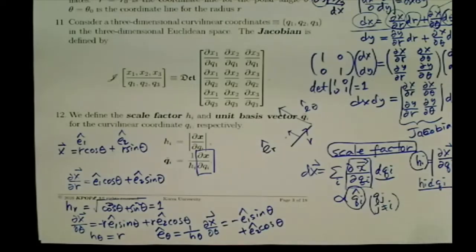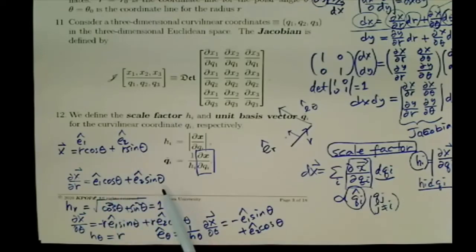For example, you have the position vector x with components r cosine theta, r sine theta in Cartesian coordinates of the x and y axes. You take the partial derivative with respect to r, then only r is erased.